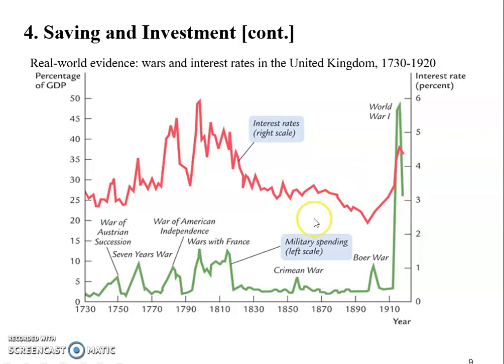Now here we could say that if we start with the military spending, every time the UK was involved in a war, its military spending rose dramatically as a share of its GDP. Every time, again, we see it spike.